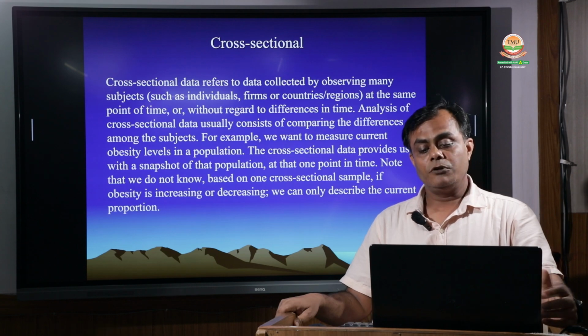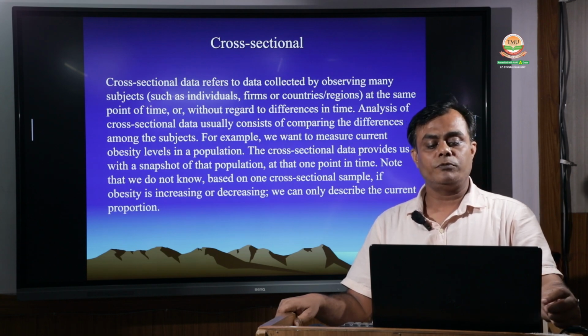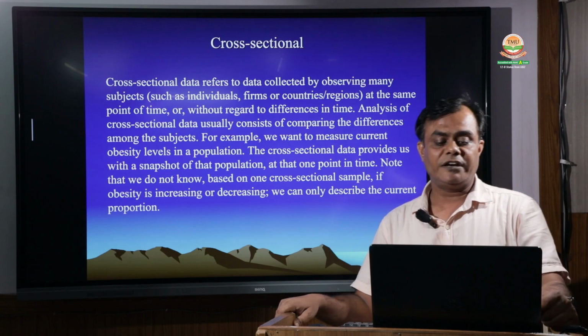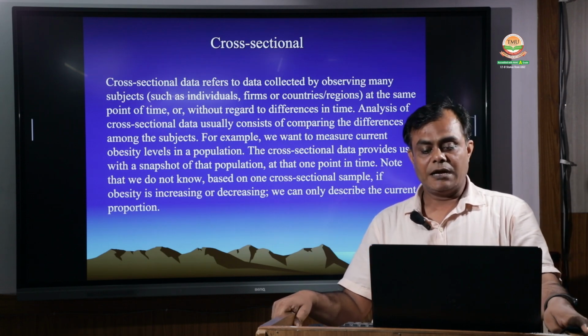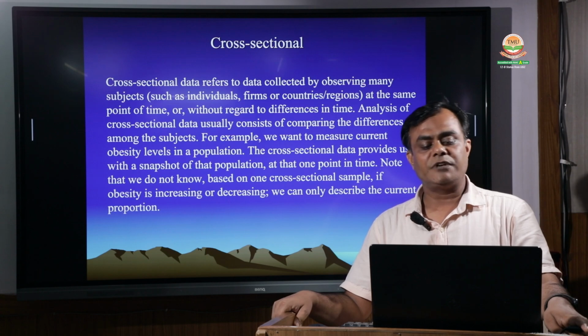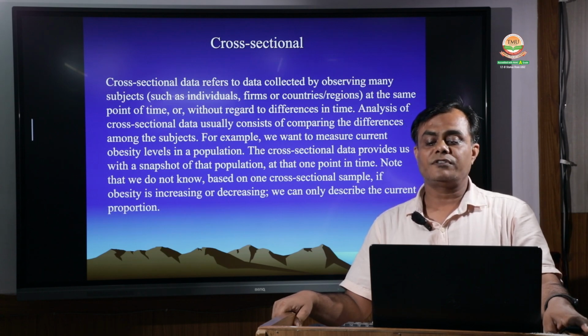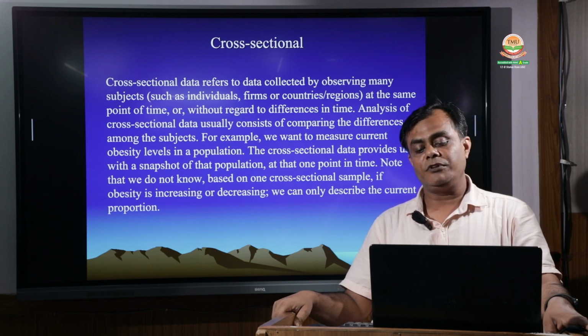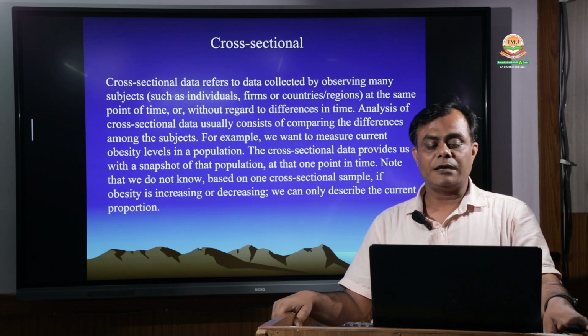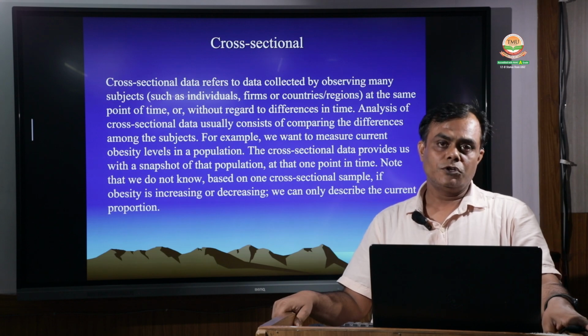For example, we want to measure the current obesity level of the population. The cross-sectional data provides us a snapshot of the population at that one point of time. Note that we do not know, based on the cross-sectional sample, whether obesity is increasing or decreasing. We can only describe the current proportion.